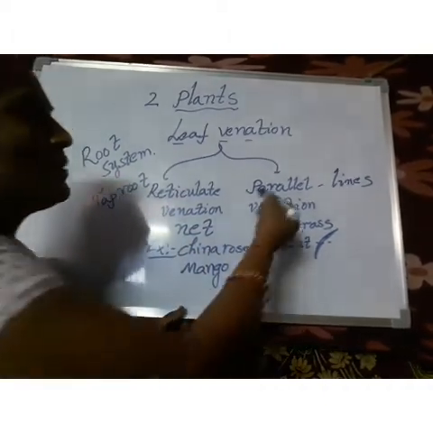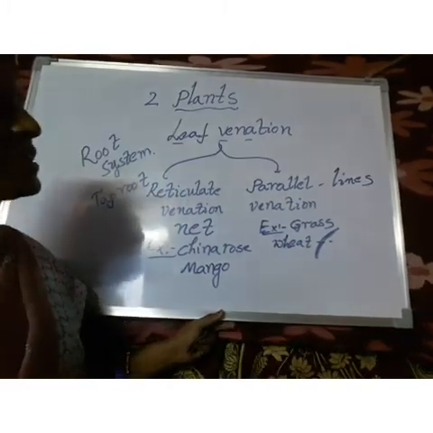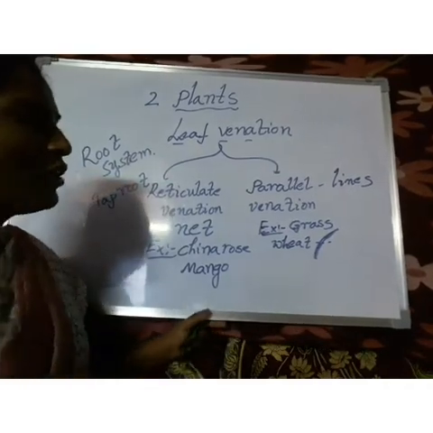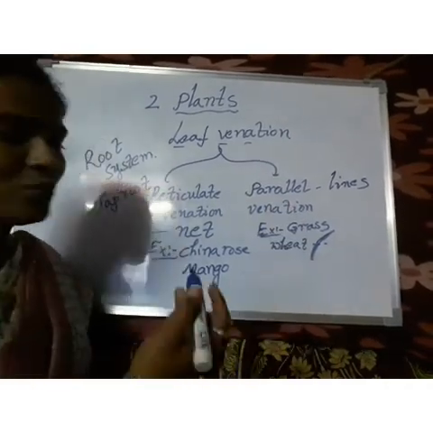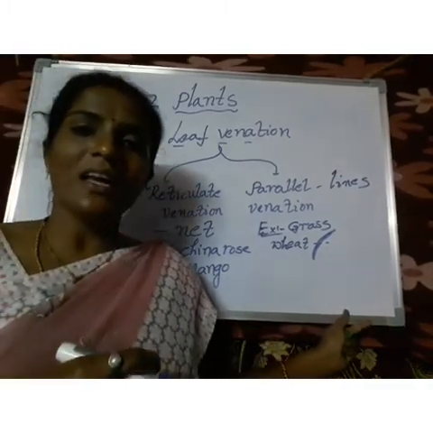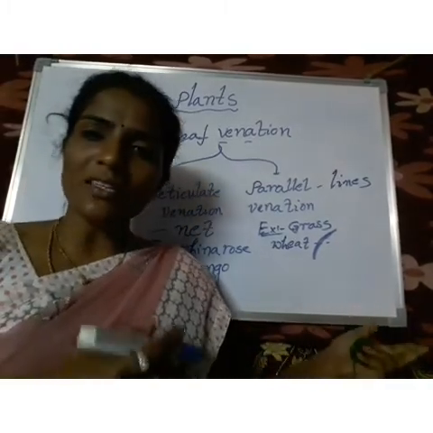And coming to the parallel venation, the examples I told are grass and also wheat. Before I forget to tell, an example of fibrous roots is grass, because if you pluck the grass from the garden, these roots are also equal in size.